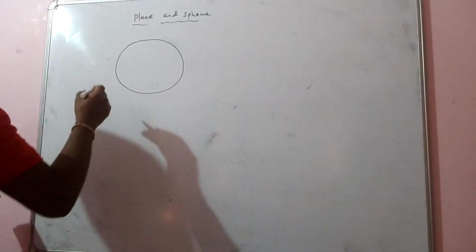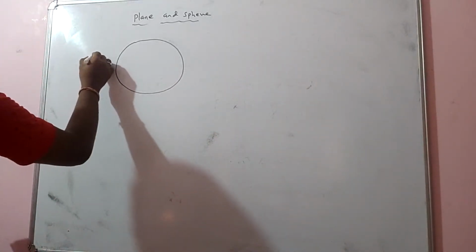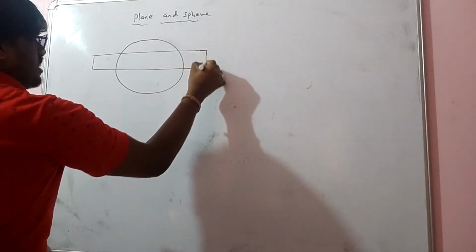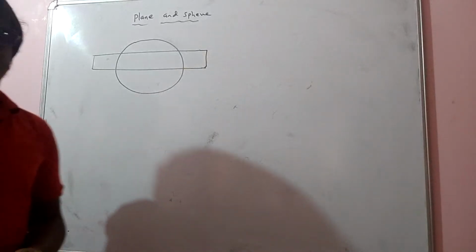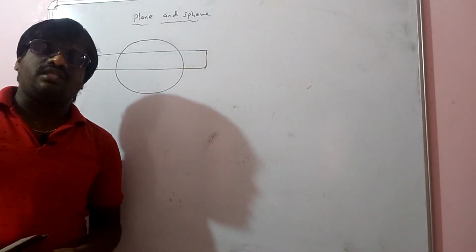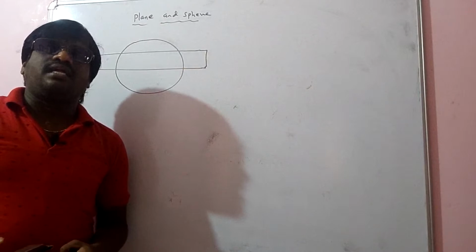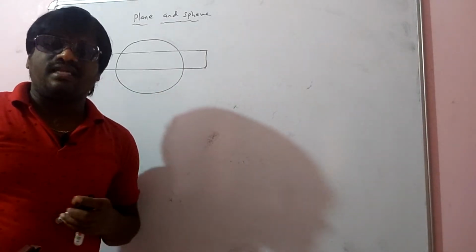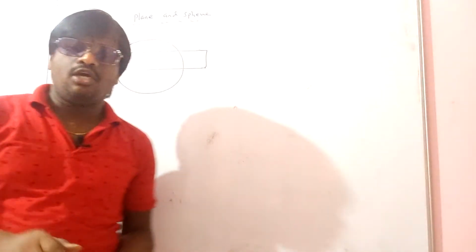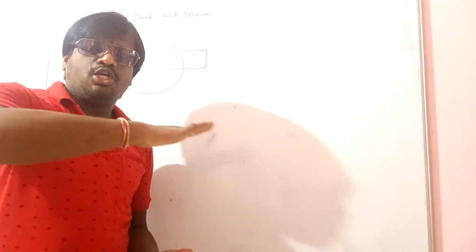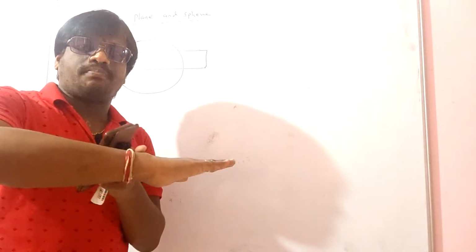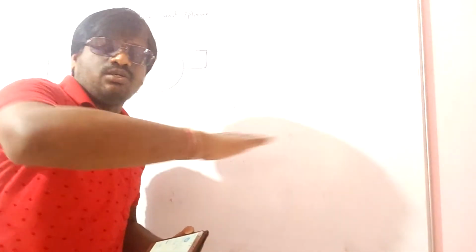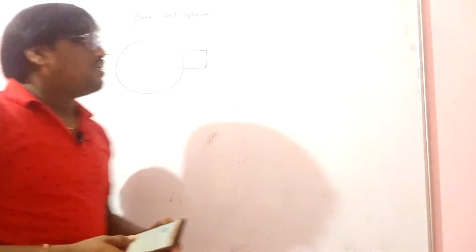If the plane is intersecting the sphere, I am going to send you an animated video in the group. You can check it and understand more. Like a watermelon: you take a very sharp, very long knife and cut that watermelon exactly. Assume it like that.